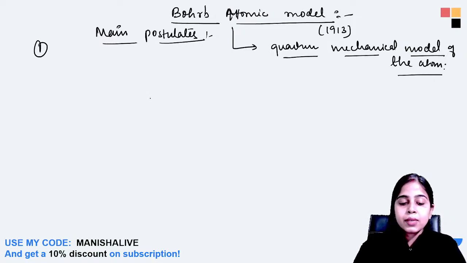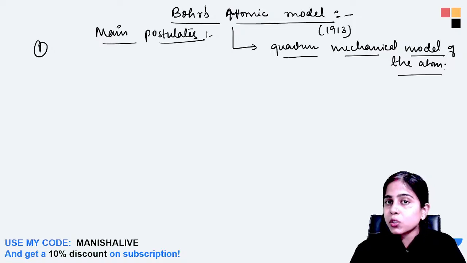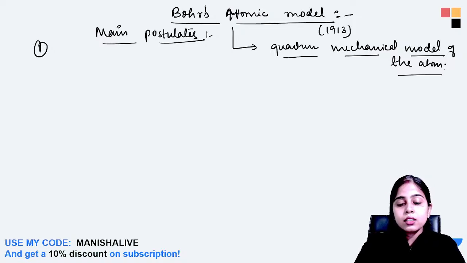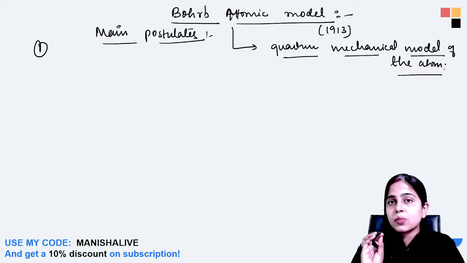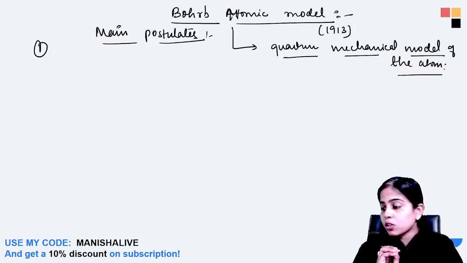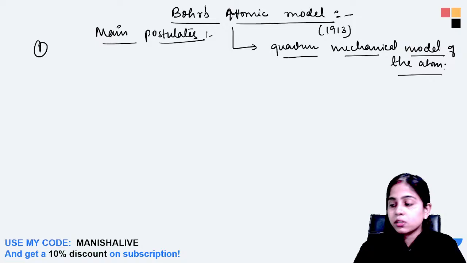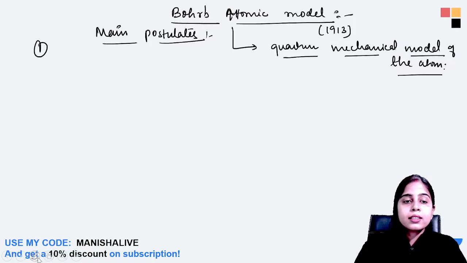First of all, the atom has a nucleus where all the positive charge is present at the center. A fundamental particle in the nucleus which carries mass and has no charge is the neutron. Yes, Faizan, but the neutron was not known at that time. So let us study our first postulate.